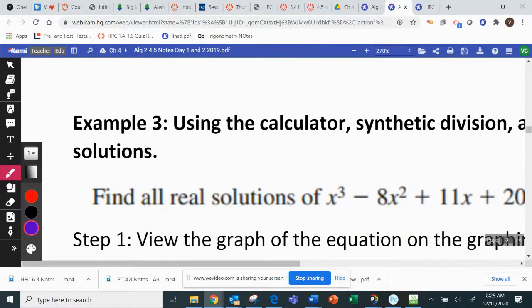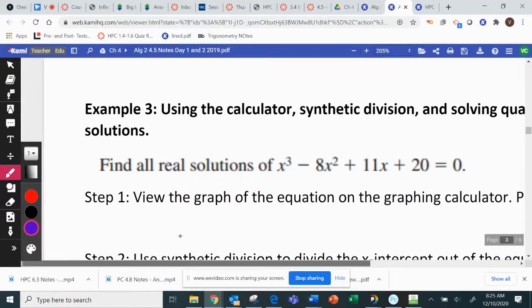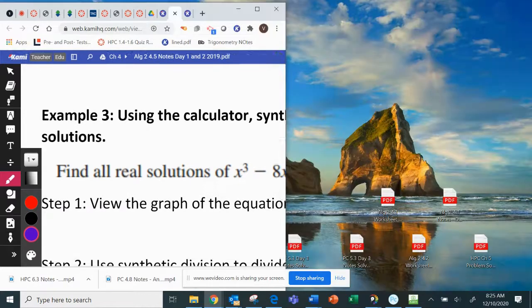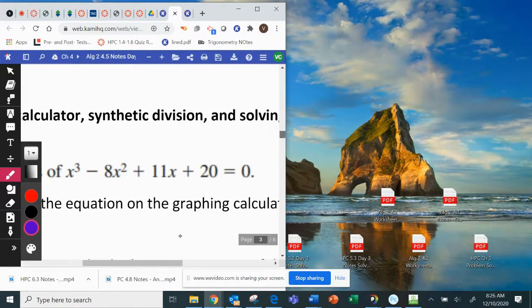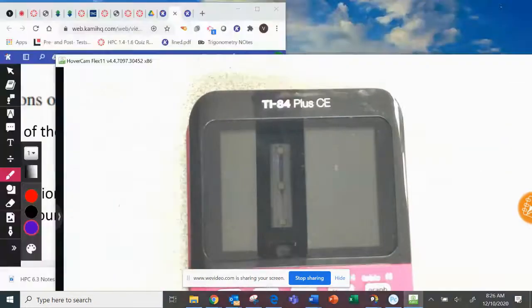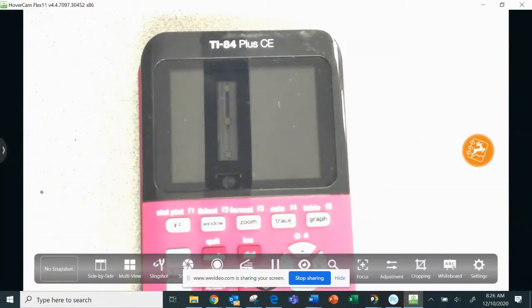Now this is where we're going to start using our calculator. Okay, I am trying to do like a half screen here because otherwise I can't see the equation. Brooke, I know you're doing it on paper. Oh, it's working now? Okay, good.